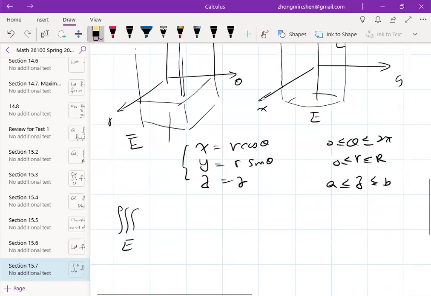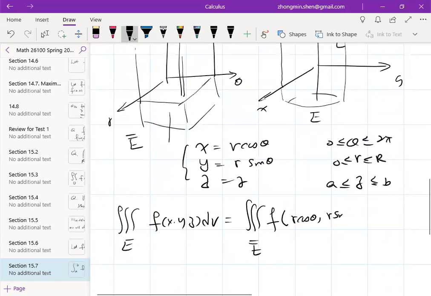So let's write down the formula. Here, the triple integral of f(x, y, z) dV will be the triple integral over this rectangular box, where x is replaced by r cosine theta, y is replaced by r sine theta, and z is still z, and the dV bar. Now don't forget we have another determinant, but after we compute it, the determinant is just r.